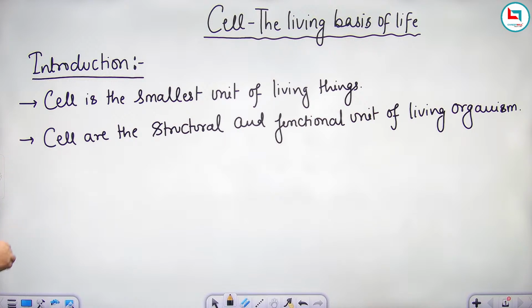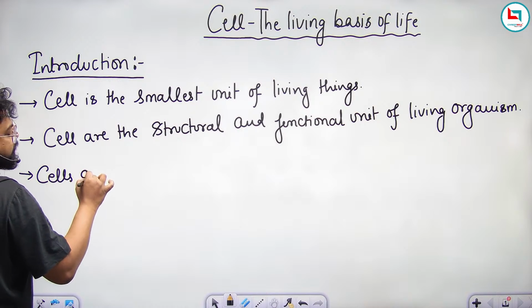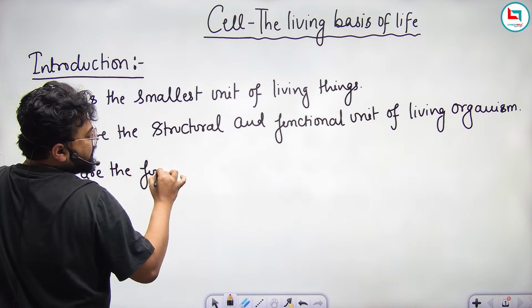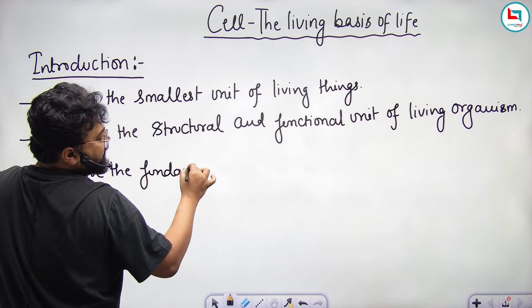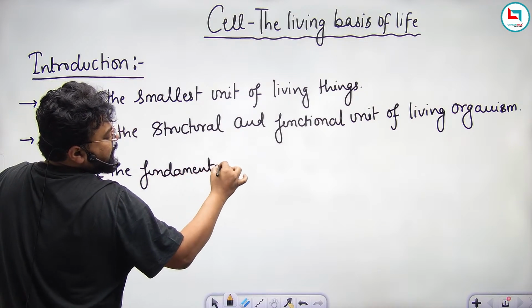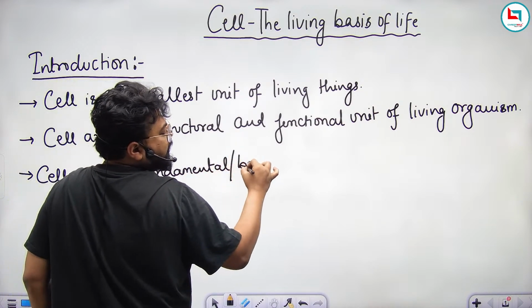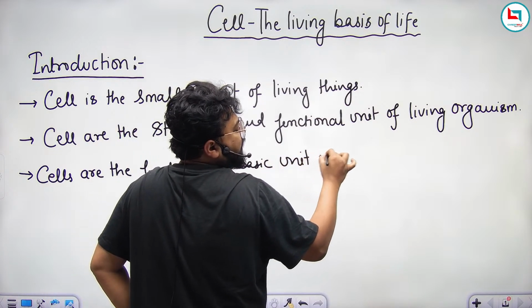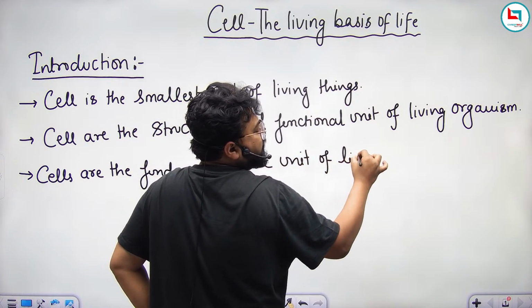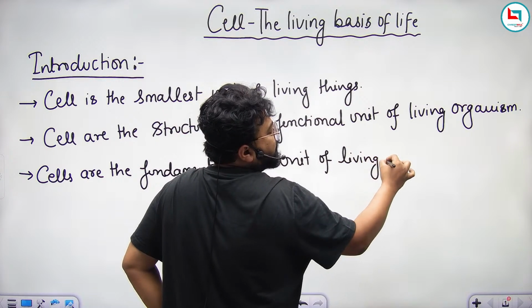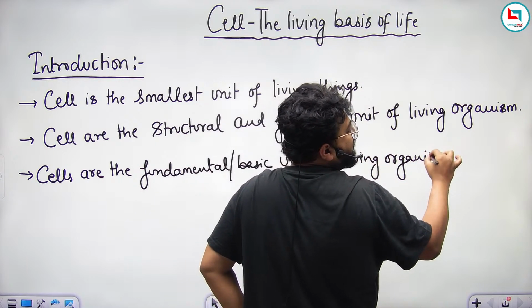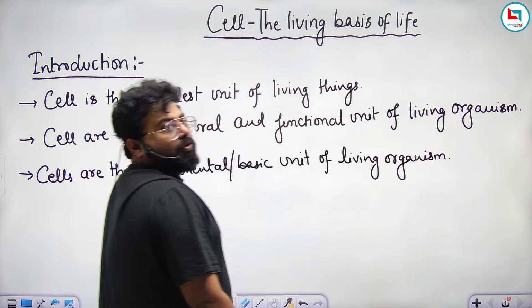Plus these cells are the fundamental, or we can say the basic unit of living. Any living organism in this world is basically made up of what? Cell. So it is the smallest unit.